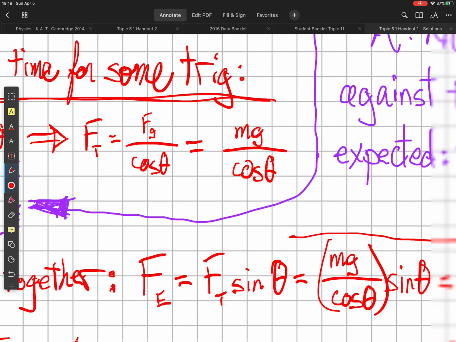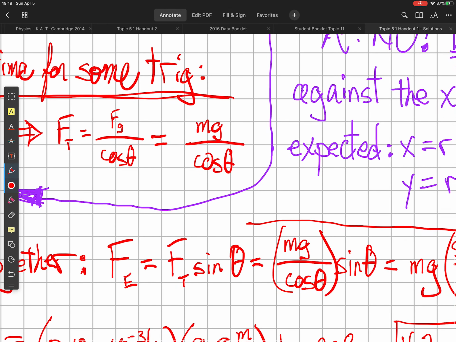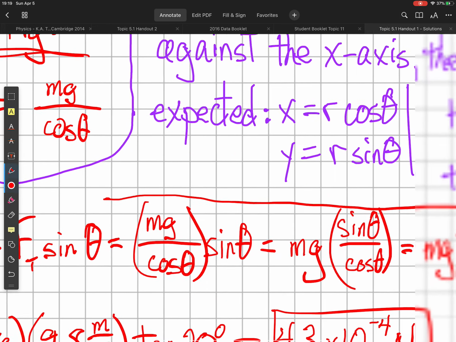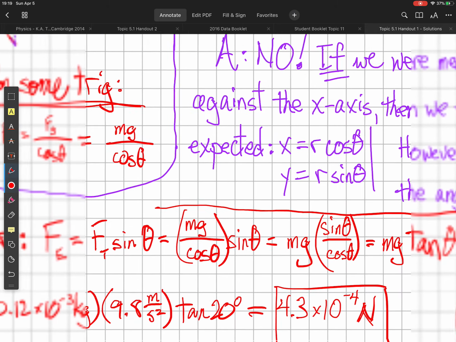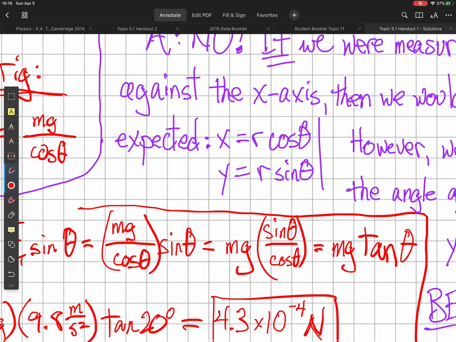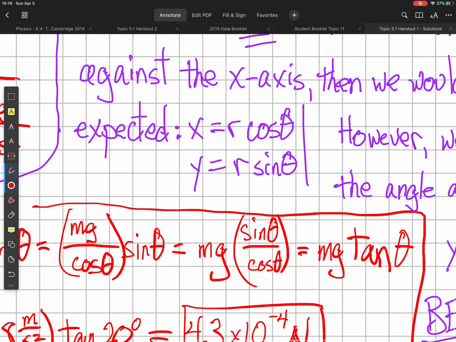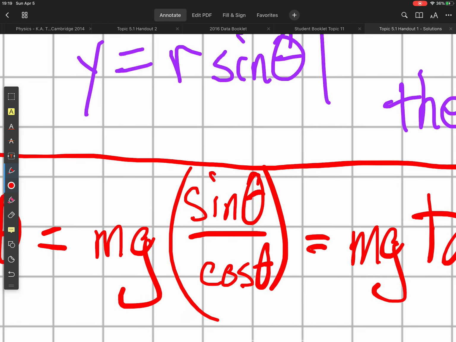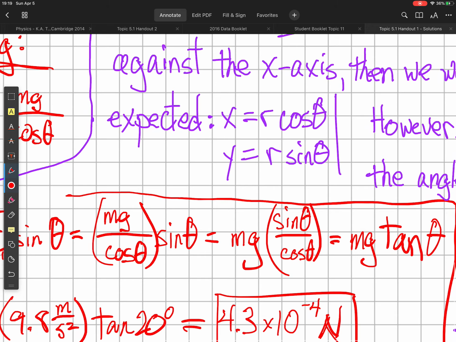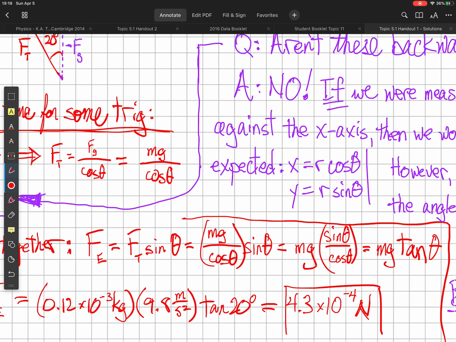So my electric force then is equal to force of tension times sine theta. And by doing a little bit of substitution, I will find that my electromagnetic force then is equal to the mass times gravity times tangent of theta. Okay, so sine of theta divided by cosine of theta is equal to tangent of theta.